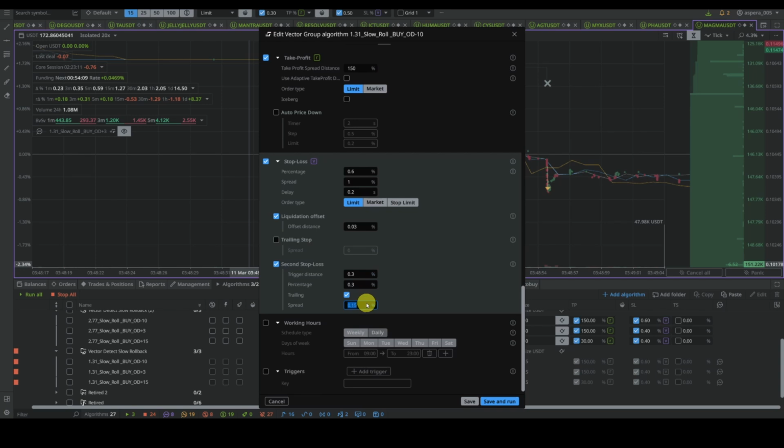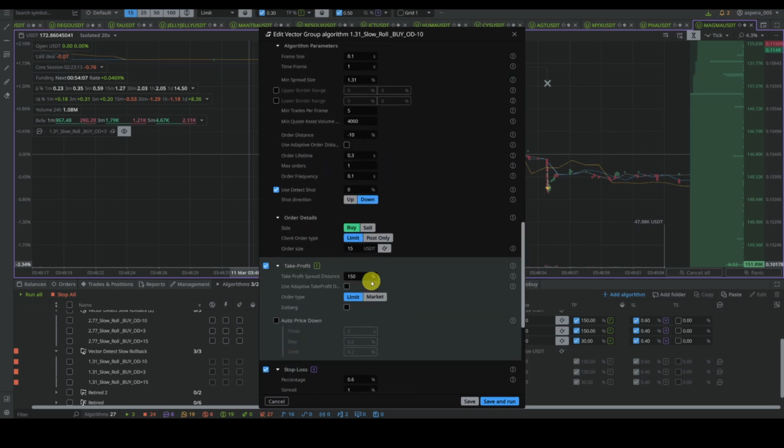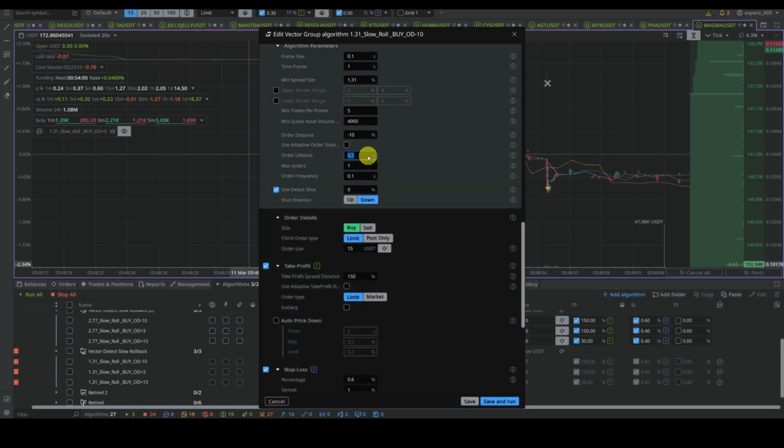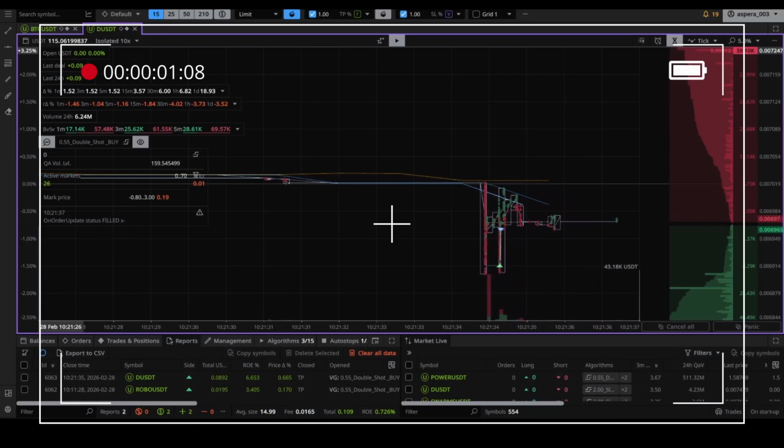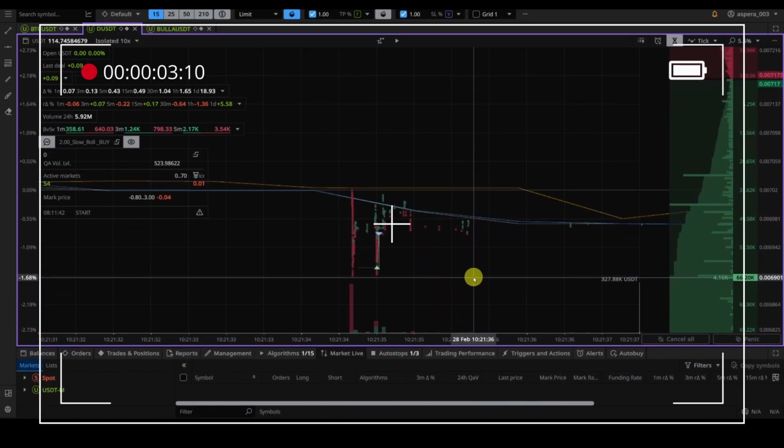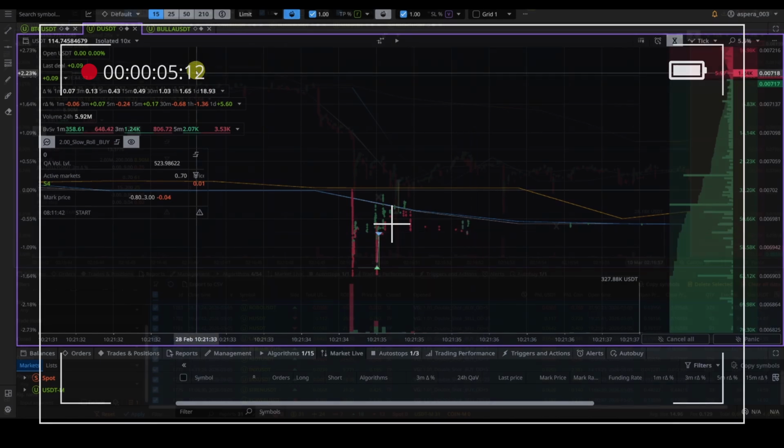Oh, and the long order lifetimes are no good. Even 1 second is way too much. I'm currently trying stuff somewhere between 0.1 and 0.3 seconds. The most promising idea so far was the double shot setup from the shot detect video.